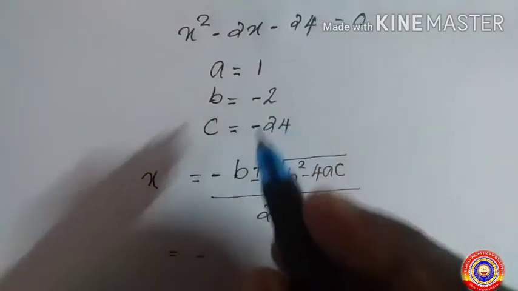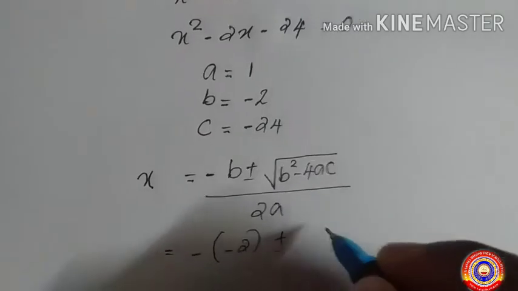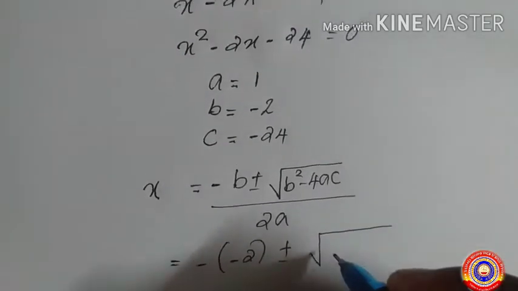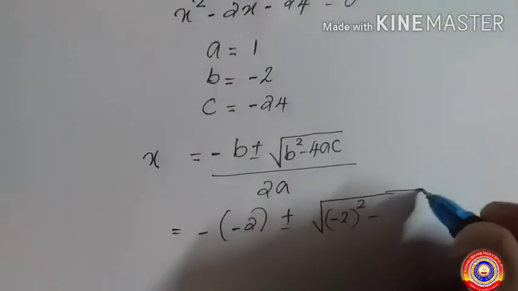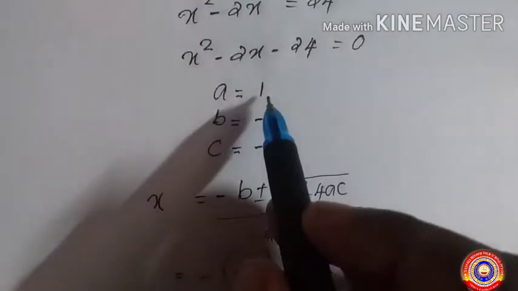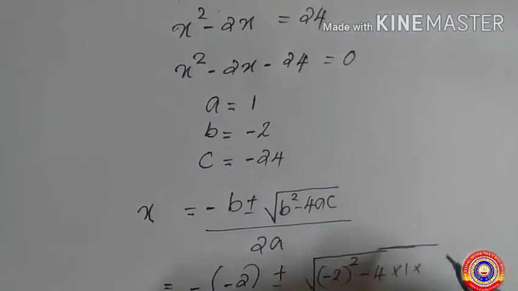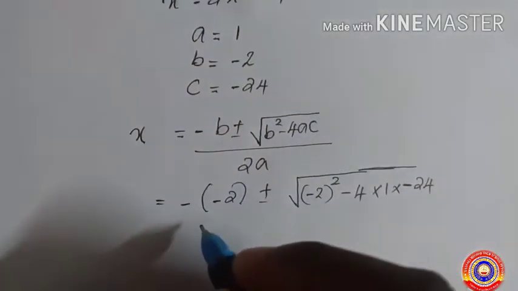Minus of minus 2, plus or minus root of minus 2 the whole square minus 4 into a is 1, into c is minus 24, divided by 2 into 1.